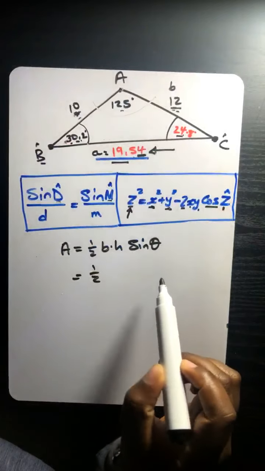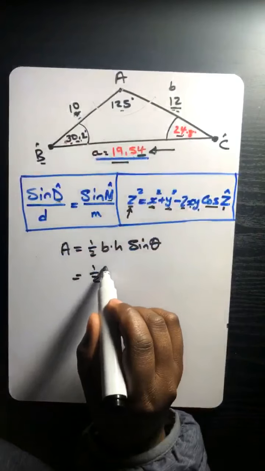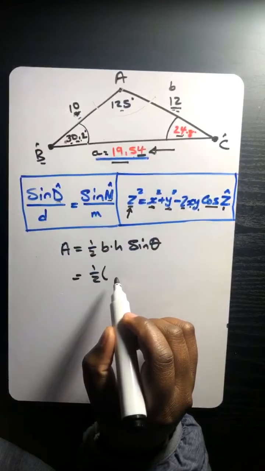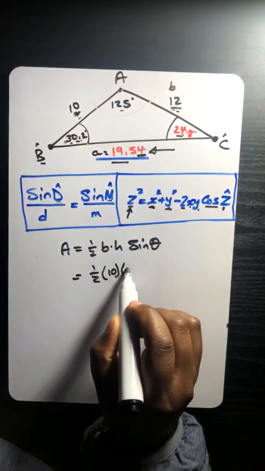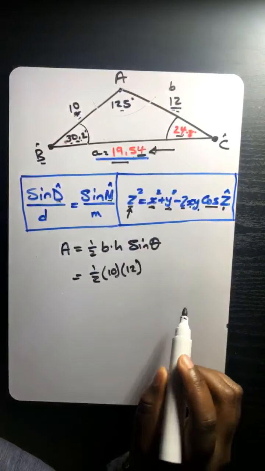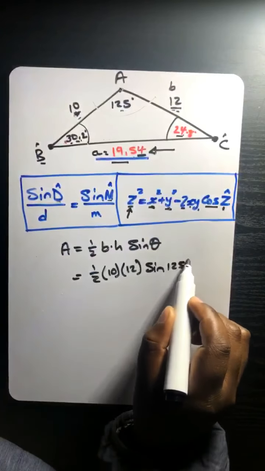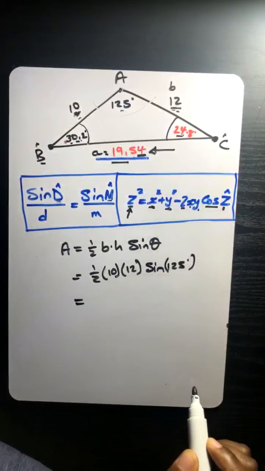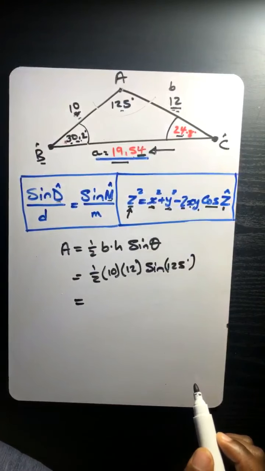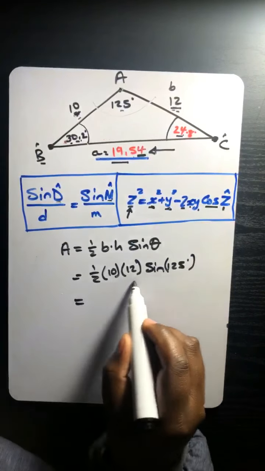Rather use what was given to you. So the breadth, we can take it as 10. Do you agree with me on that one? So that will be sine of that angle. Yes, sir. Okay, so what are we getting there when you punch all of that?